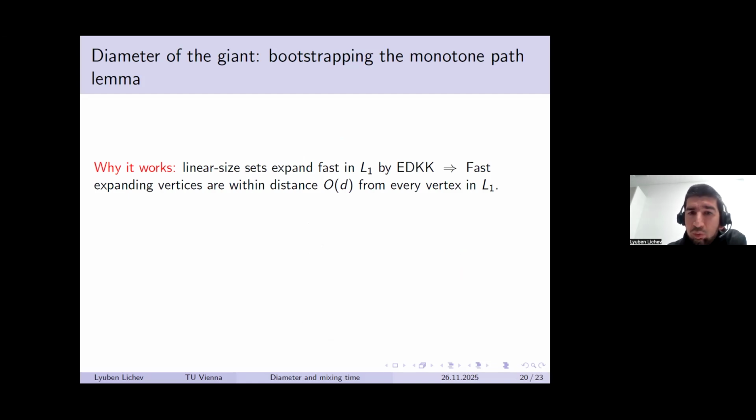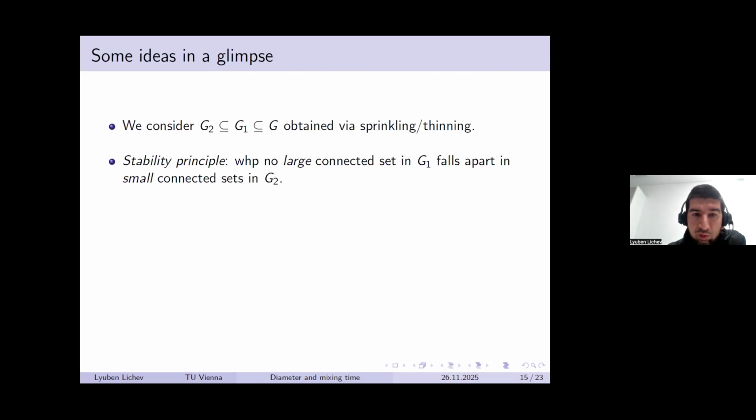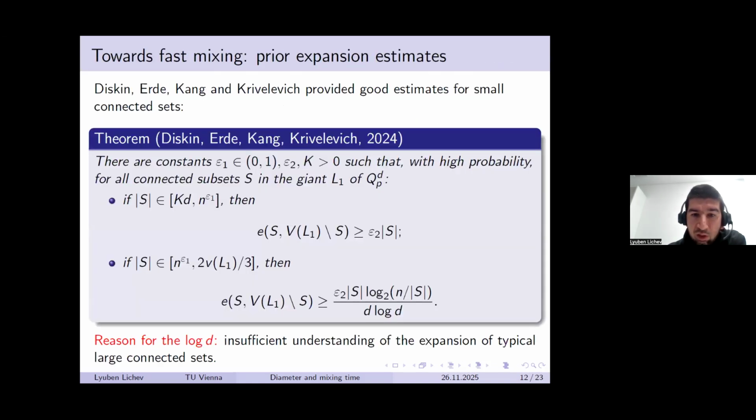So the reason why it works is the previous expansion bounds that I showed you from the 2024 paper by Diskin, Kang, and Krivelevich. They actually say the following. So sets with a large constant times d number of vertices expand very efficiently. So if I go back to the result, they actually say such sets expand by a constant factor until some very large threshold.